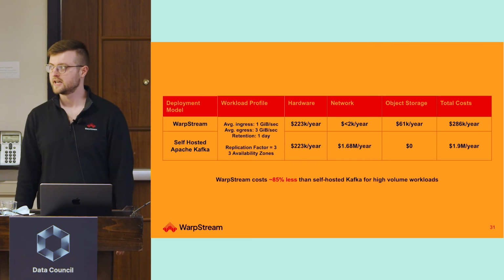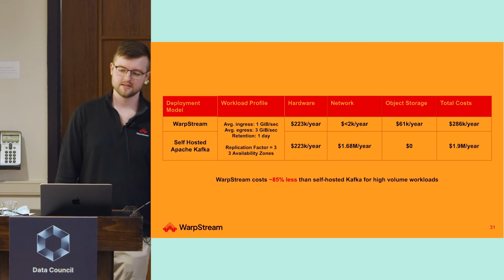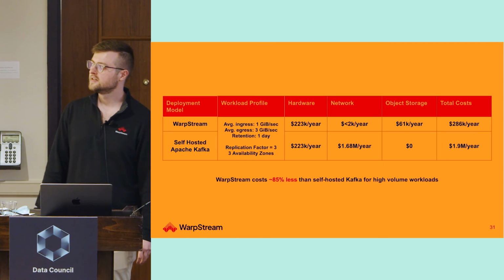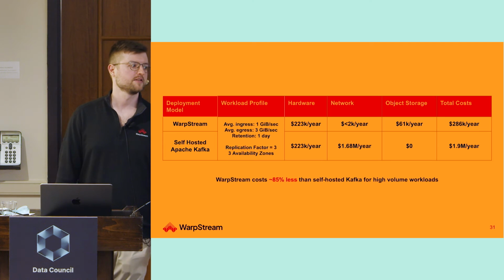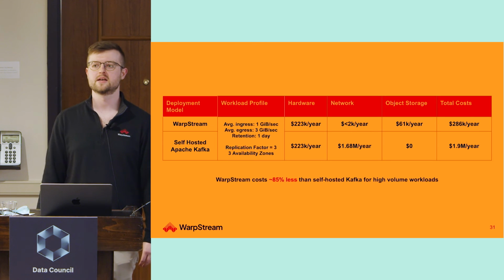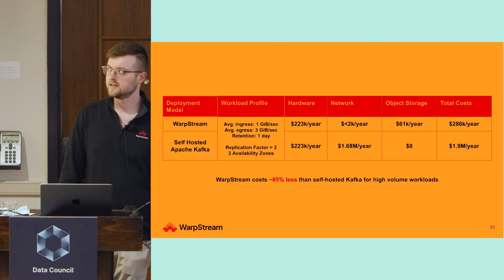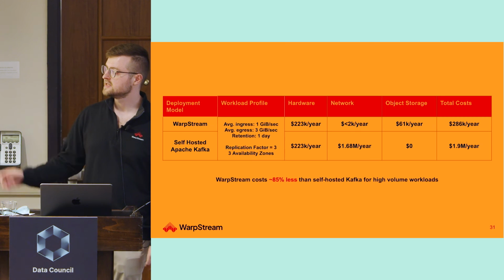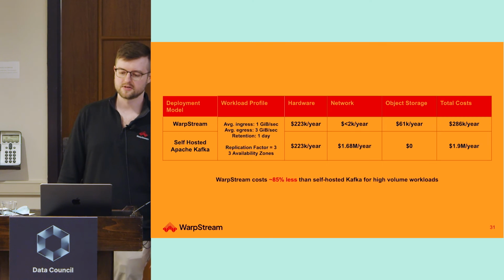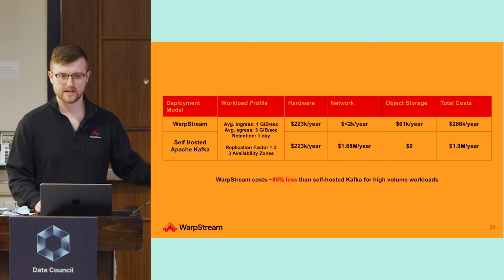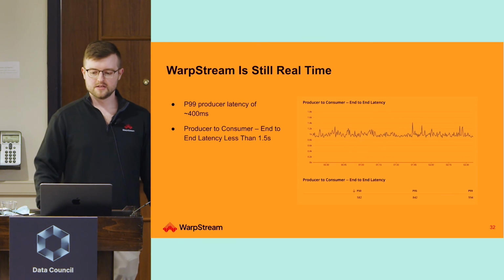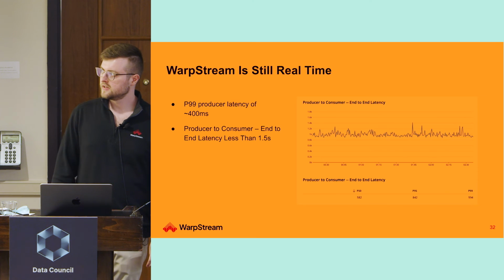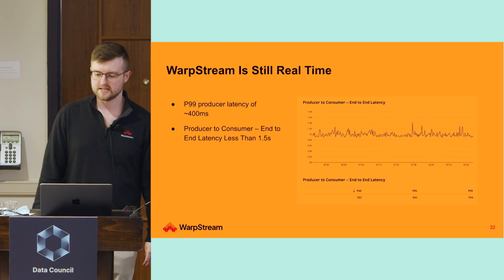It's a gigabyte per second of ingress, and this would cost around $1.7 million a year in interzone networking fees if you're paying AWS retail prices, and we replace that with about $60,000 a year of object storage fees in WarpStream, again, all at retail prices. So we've saved a lot of money, and the system's a lot easier to operate.